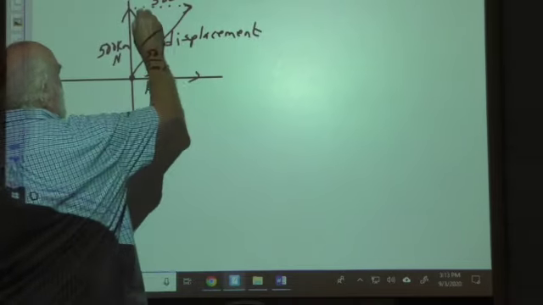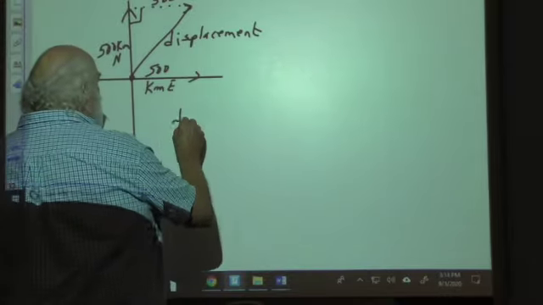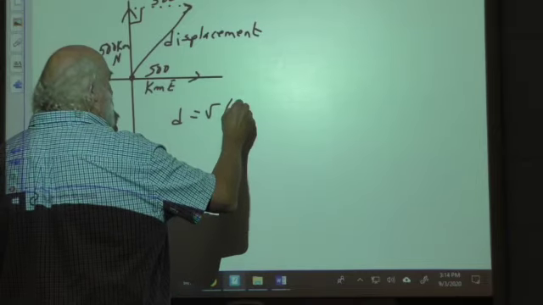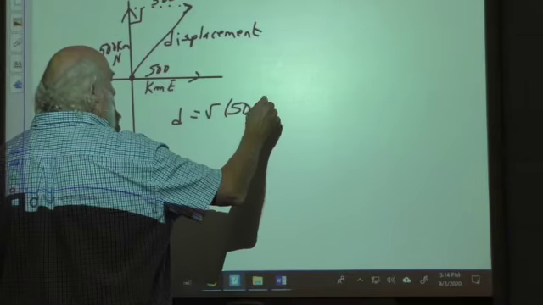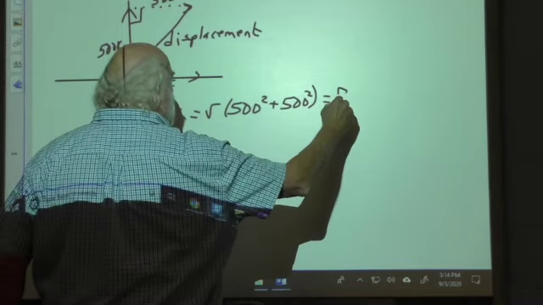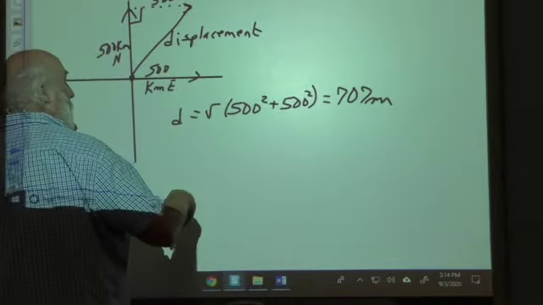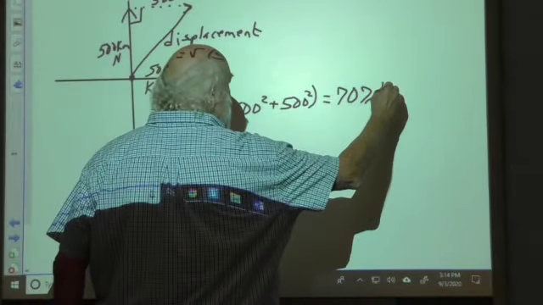So this is going to be the hypotenuse of this right triangle right here. So we use the Pythagorean Theorem. So d equals the square root of 500 squared plus 500 squared. And that turns out to 707 kilometers.